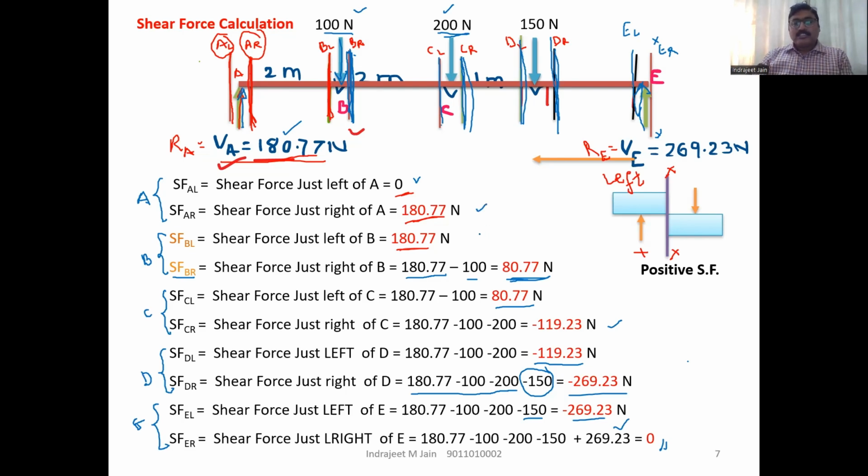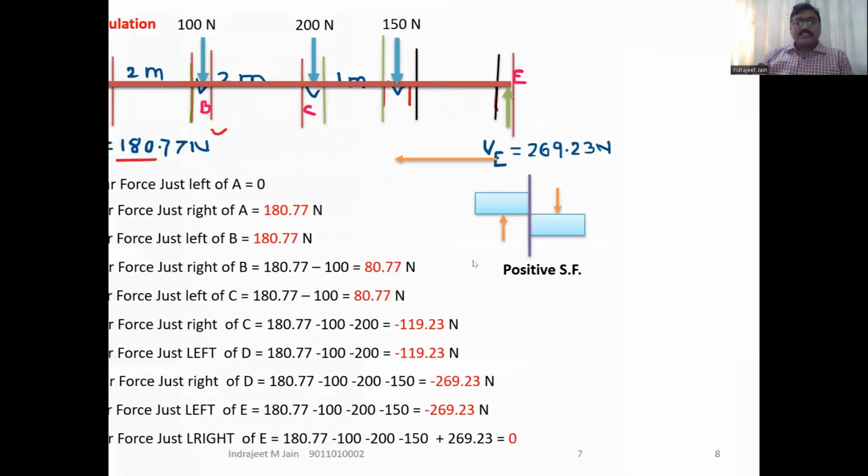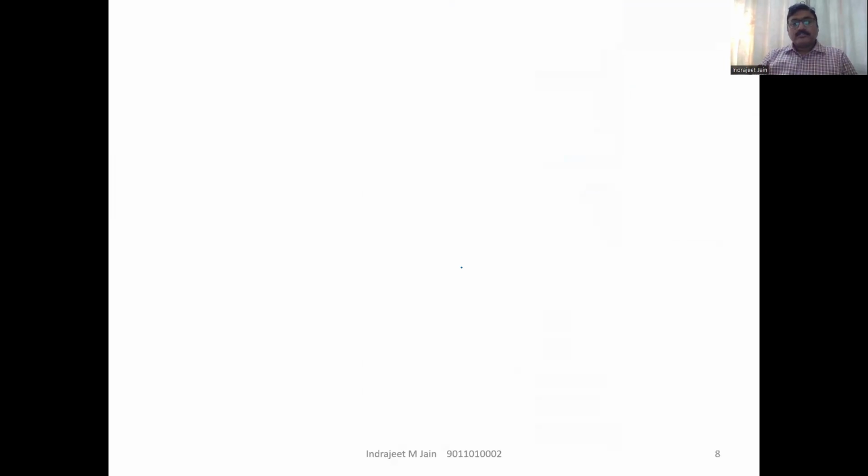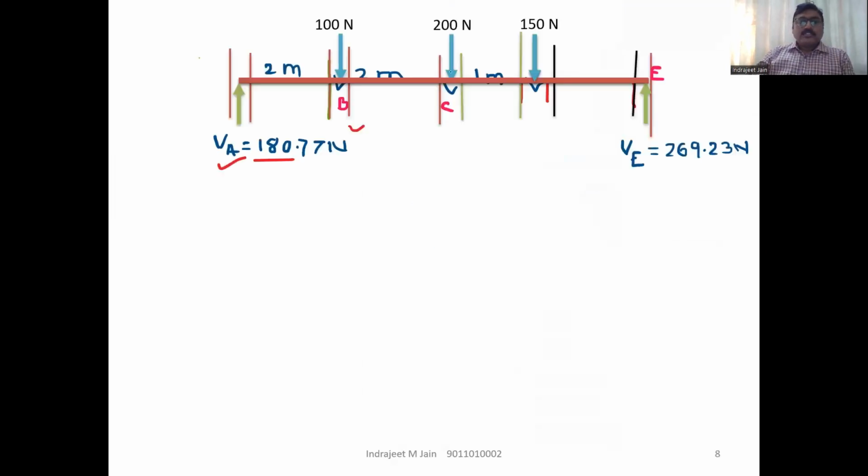See here in the next slide, we'll check. This is your beam with shear force at various sections. The line AE is the same length as your beam.